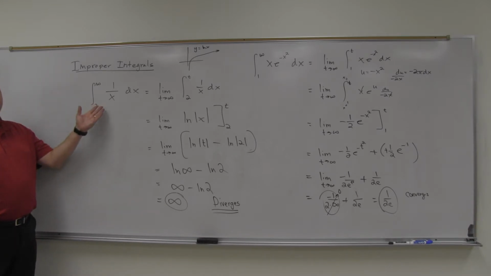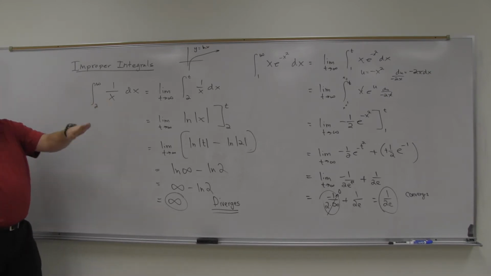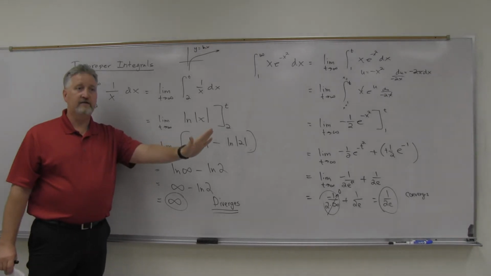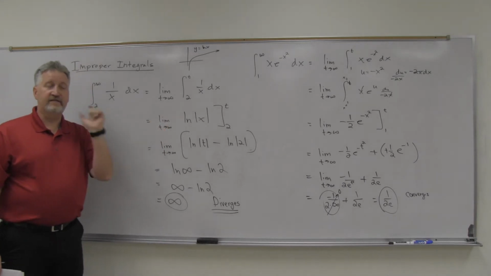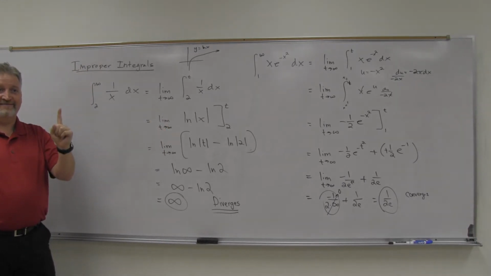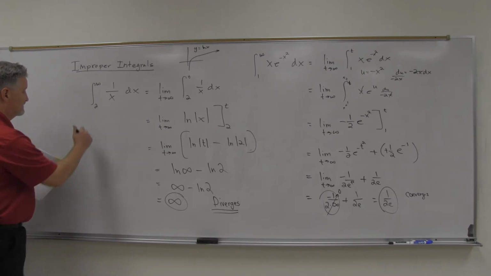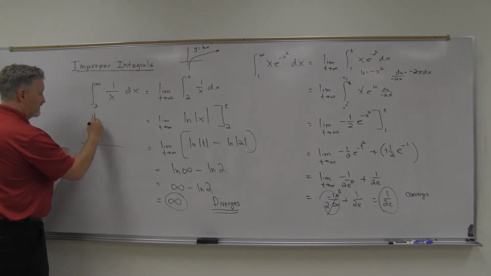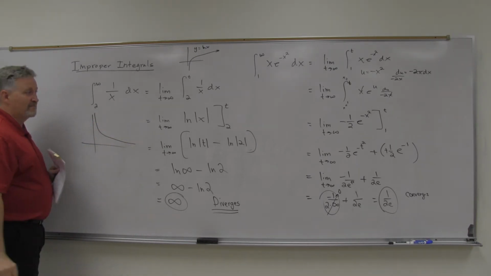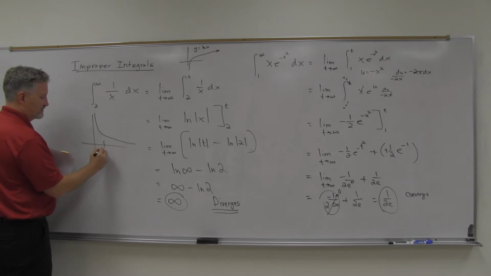But that's kind of interesting too. Remember a while ago we looked at 1 over x squared from 1 to infinity, I think it was, and it converged to 1. This is just 1 over x. That's kind of close to what 1 over x squared is. If you think about the graph, it's very similar, graphically speaking. We started at 2, I don't know why I started at 2.